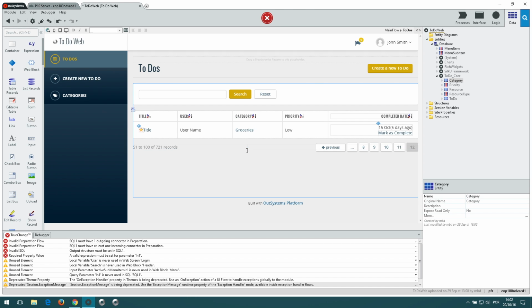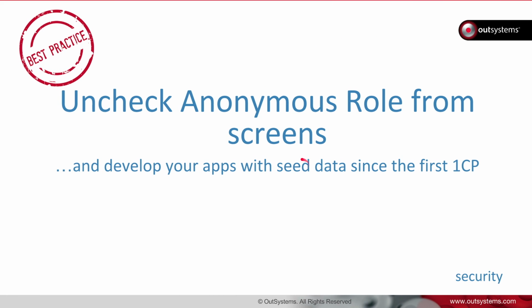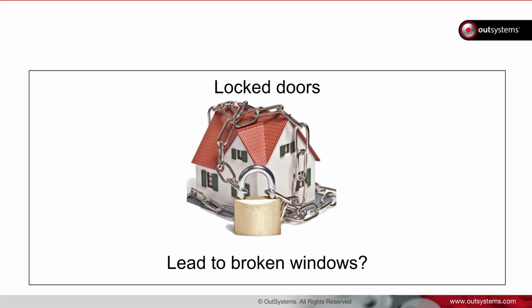Using live data, and the best possible seed data is live data, actually a copy of the live data, is the best practice to ensure you are aware of information leakage and such security issues.